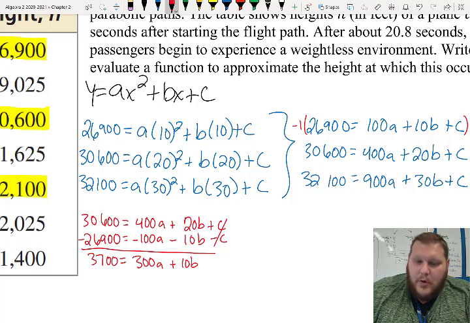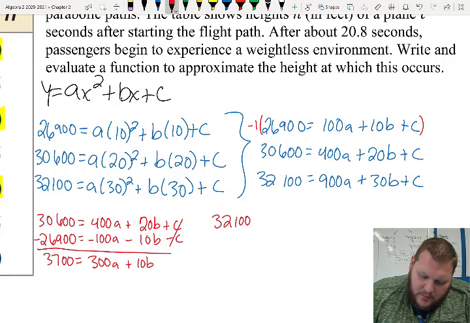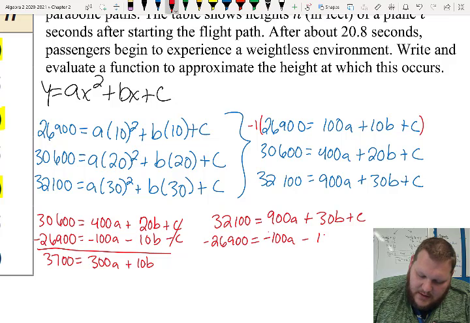So that's equation number one, a two-variable equation. I'm going to do the same thing with my bottom equation: 32,100 equals 900a plus 30b plus c, and once again I'm pairing that up with negative 26,900 equals negative 100a minus 10b minus c.